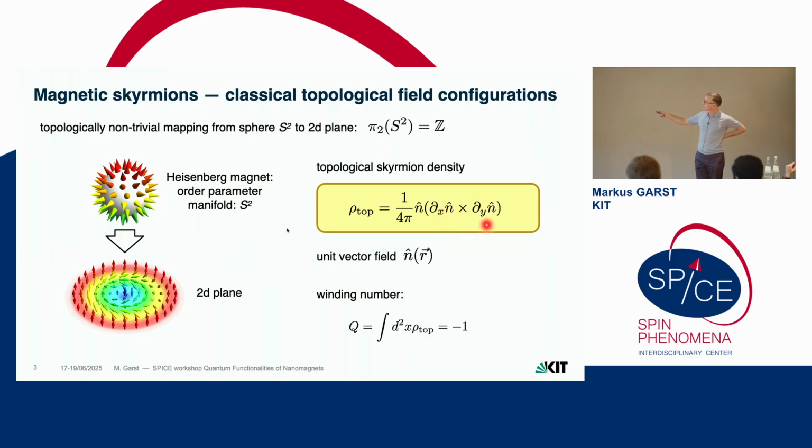This is the area spanned by how the magnetization varies along the x and y direction, and if I project it onto n, this describes the solid angle. If I integrate it over space and it really covers the full two-dimensional sphere, then dividing by 4 pi, I should get an integer. So there is an intuitive geometrical interpretation of this winding number.